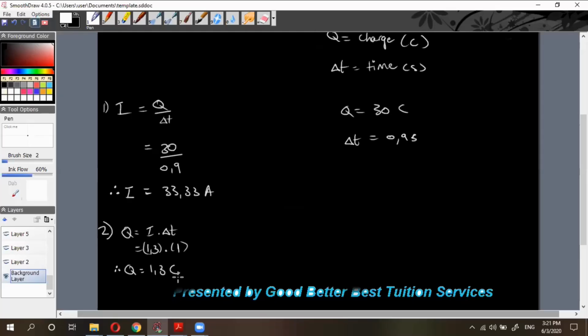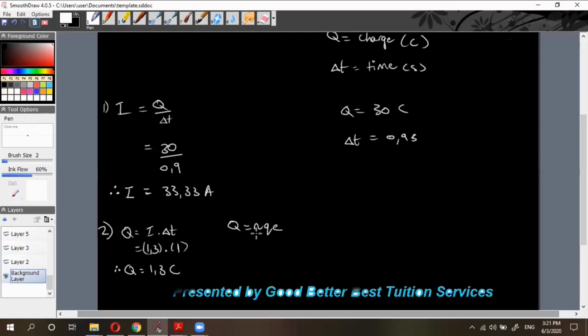Now the next question is, how many electrons is one coulomb of charge made up of? We have this formula: Q is equal to N times Qe.